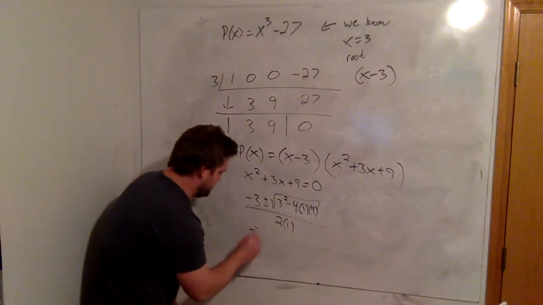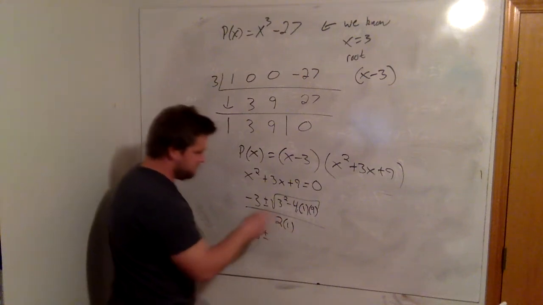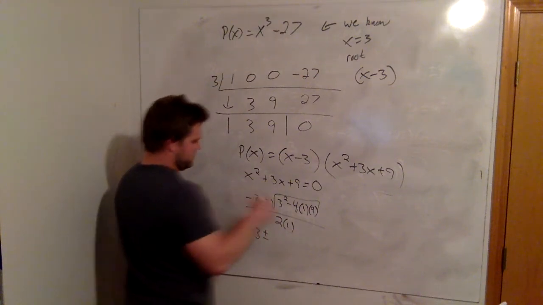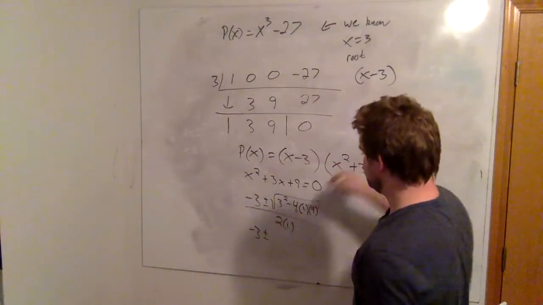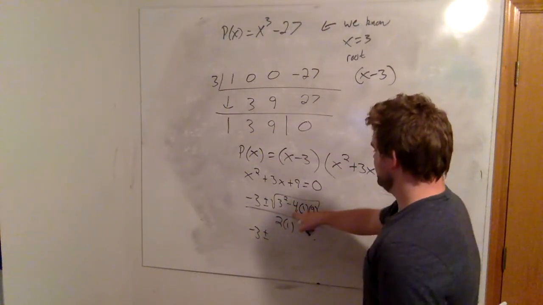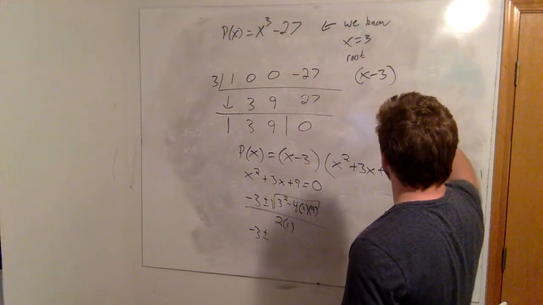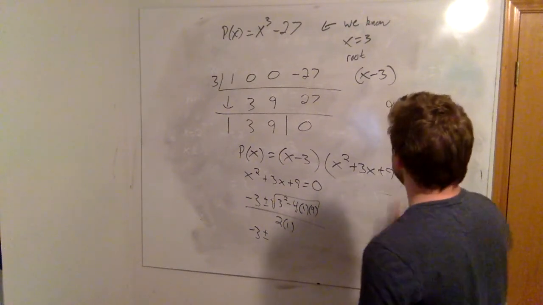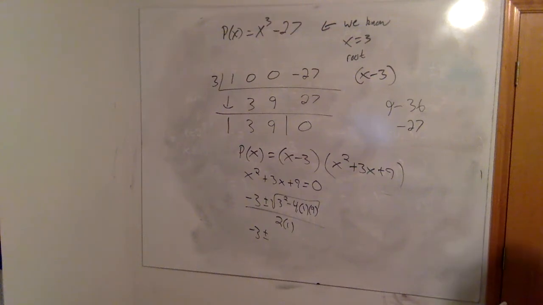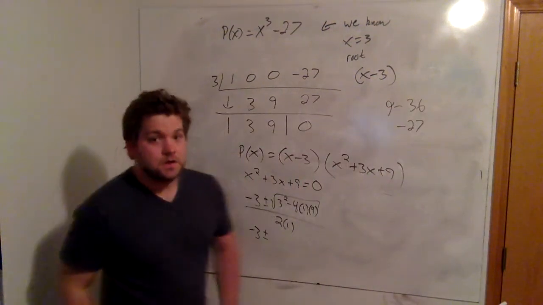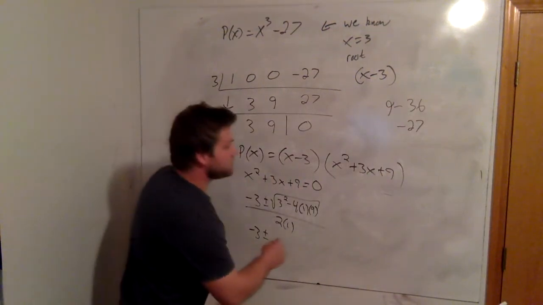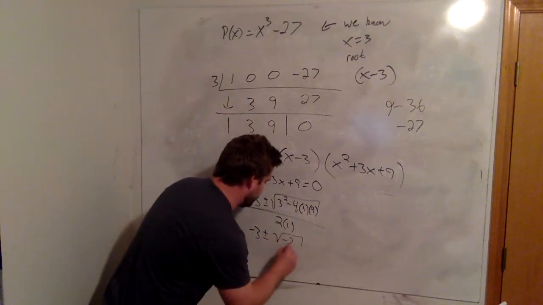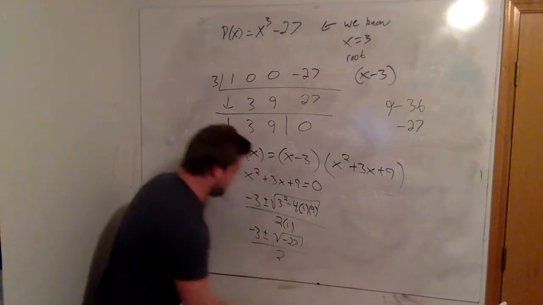So we'll get negative 3 plus or minus the square root of 9 minus 36, which is negative 27, all over 2.